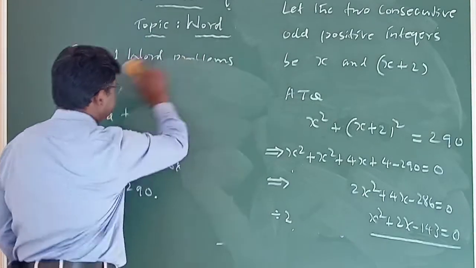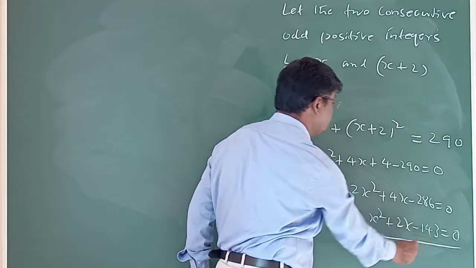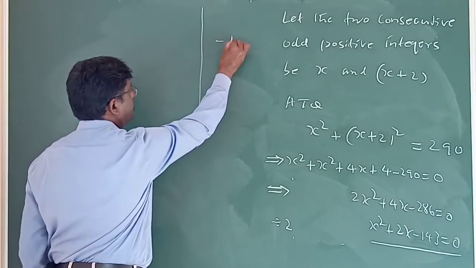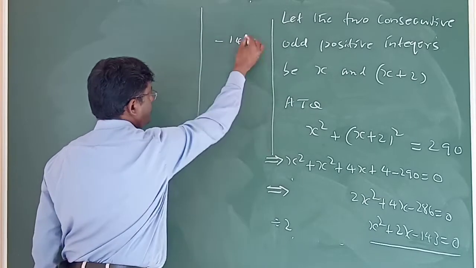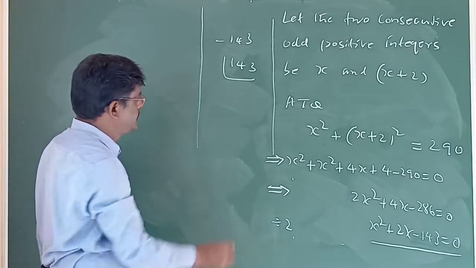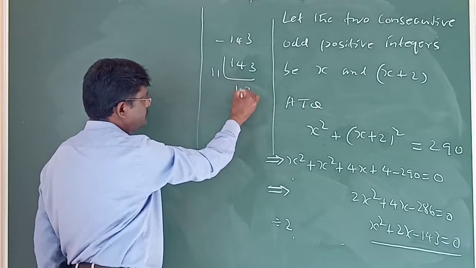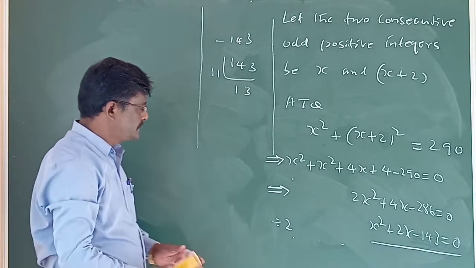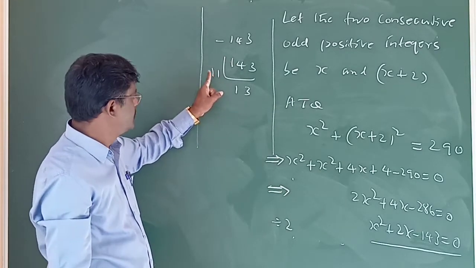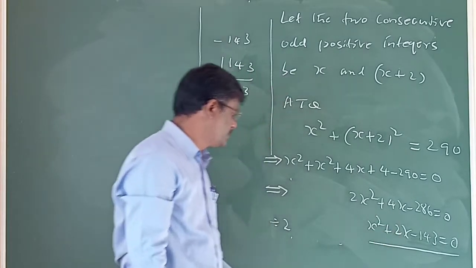Now we have to factorize minus 143. According to the factor method, 1 into minus 143. But take 143 and factorize this: 11 ones are 11, 11 thirteens are 143. Since the product is minus, one of the factors has to be given minus, which depends upon the middle term.